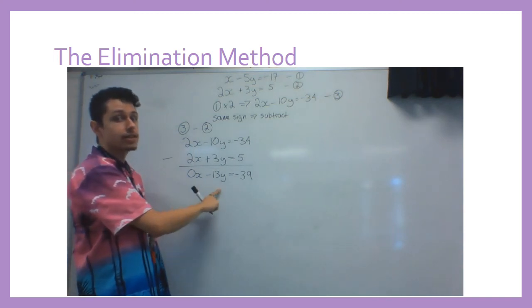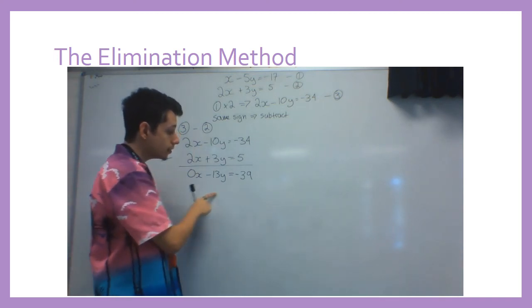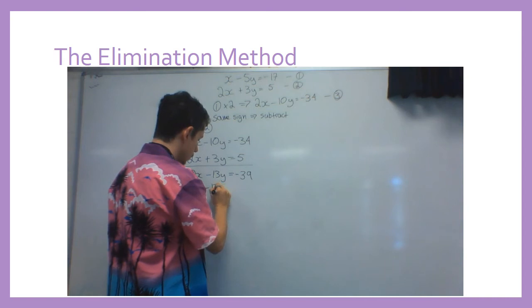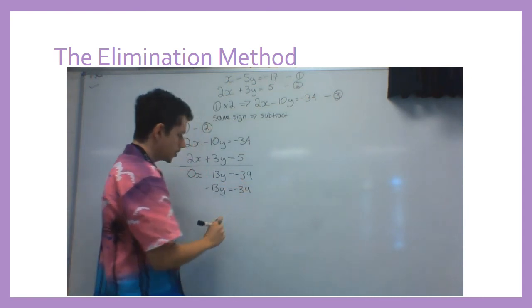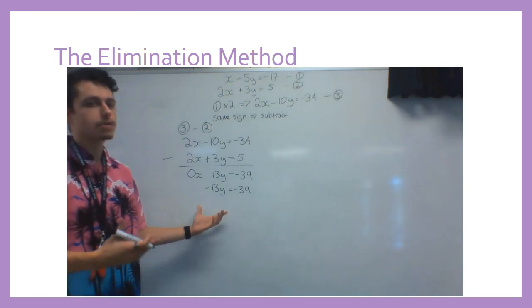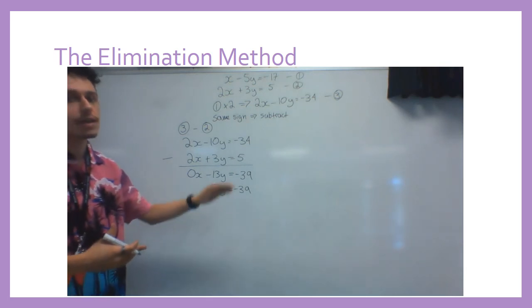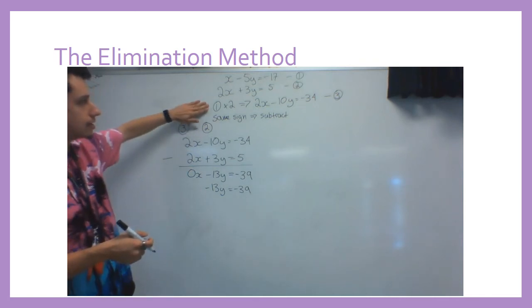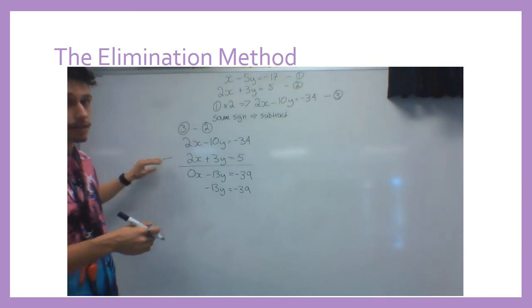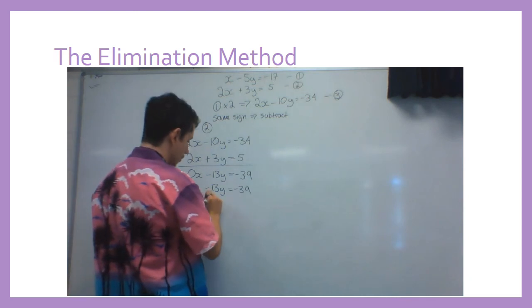So I've now eliminated the x variable. I've got one variable now, so I can solve. From here on, it's exactly the same as the normal elimination method. The only tricky part is here and this subtract. So I'll go through and solve for y now.